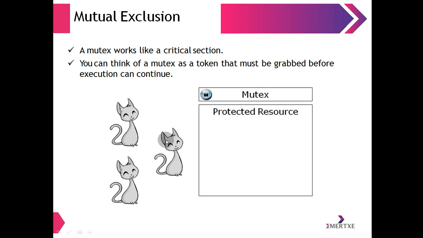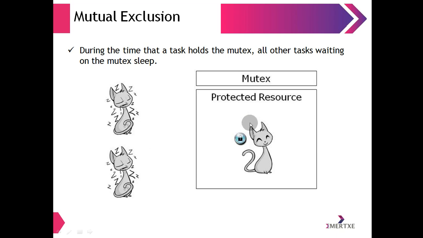Suppose this task has the mutex. So this task will get into the protected resource and will use or share this resource, and during that time both the other tasks will stay in sleep mode.